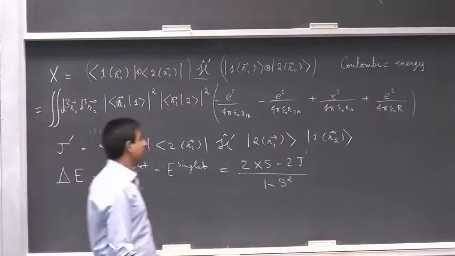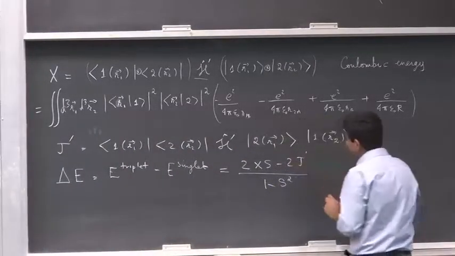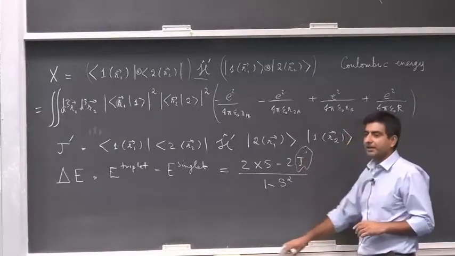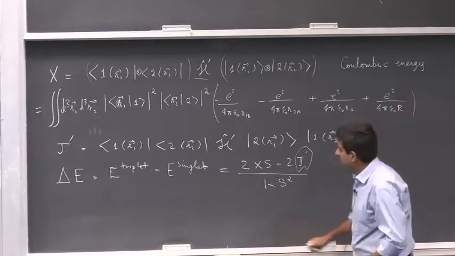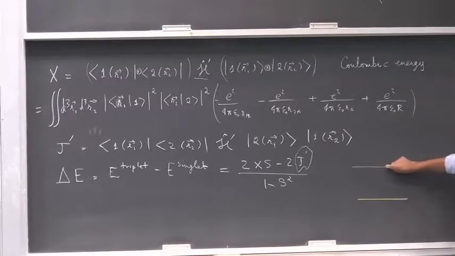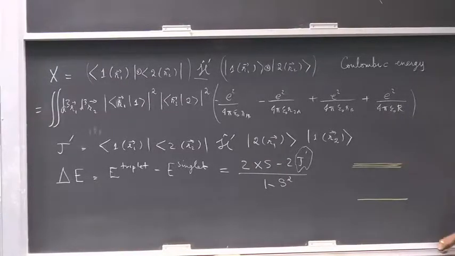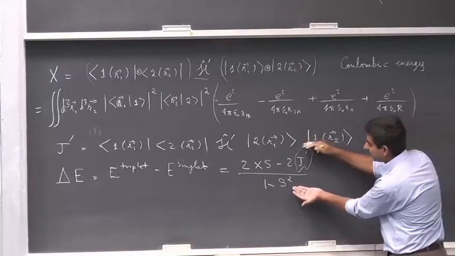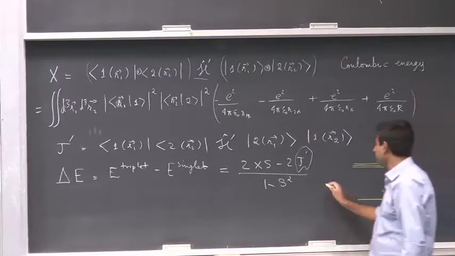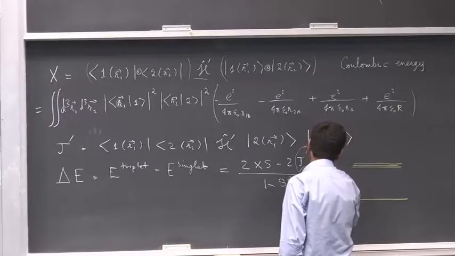So now this exchange integral determines the energy splitting. You have a singlet state that's lower in energy and a triplet state which is threefold degenerate, which is higher in energy, and the energy separation between these states is given by this. And you can say that this equals 2 times J.